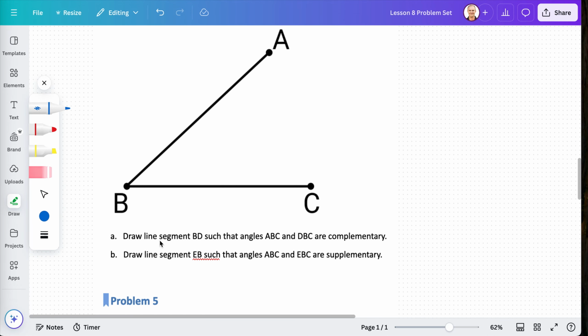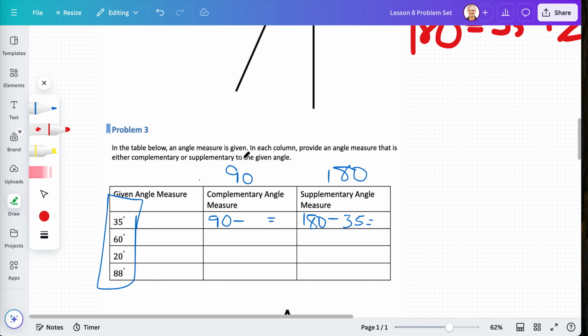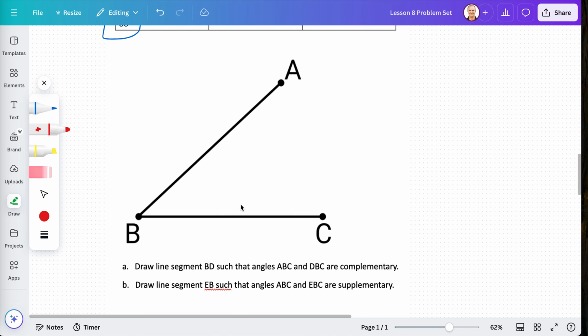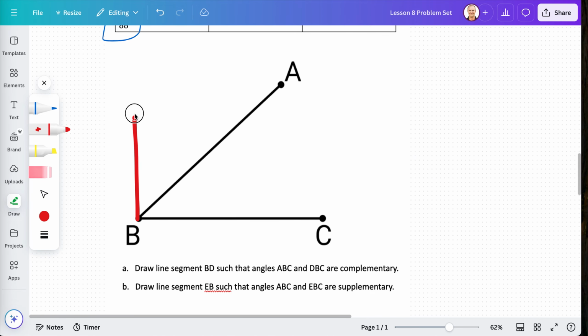Draw a line segment BD such that angles ABC and DBC are complementary. Well, remember what complementary means. Complementary means a 90-degree angle. So we'll say that this is D, and we will make that 90 degrees. Okay, now draw a line segment. I'll use a different color.